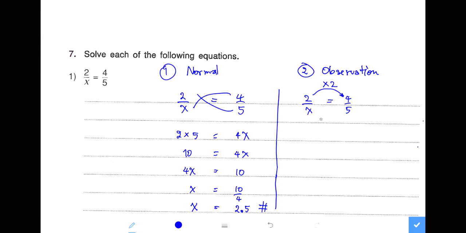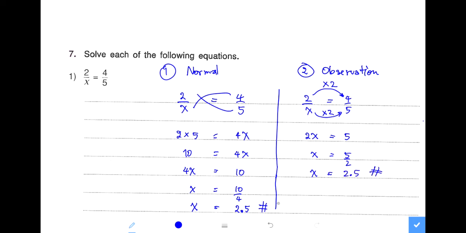If I multiply the top by 2, I have to do the same thing below, so I multiply by 2 here too. So if x multiplied by 2 becomes 5, 2x is 5. What is my x now? My x is 5 over 2, so x is 2.5.